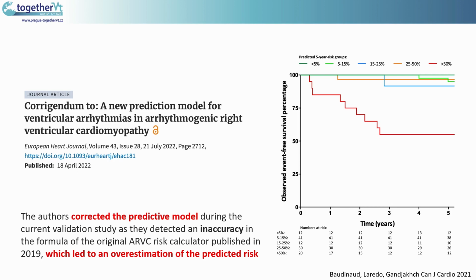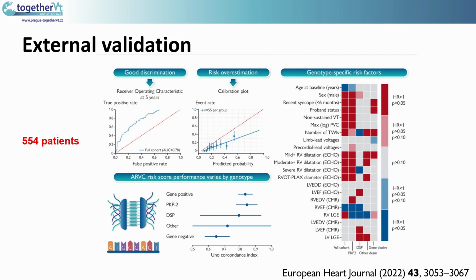And there were other studies showing the same thing. And what the authors found was that there was an error in the initial formula that they corrected, and they published the corrected article last year, because this error led to an overestimation of the predicted risk.